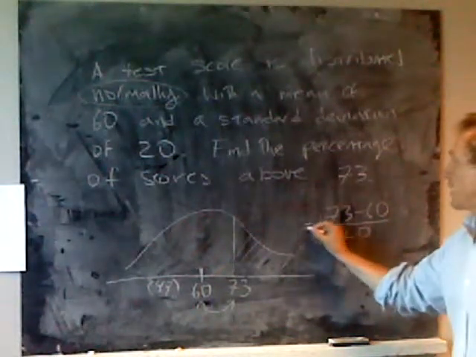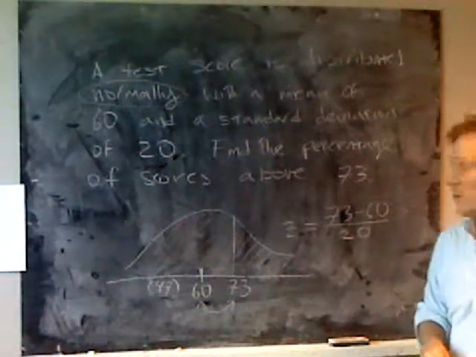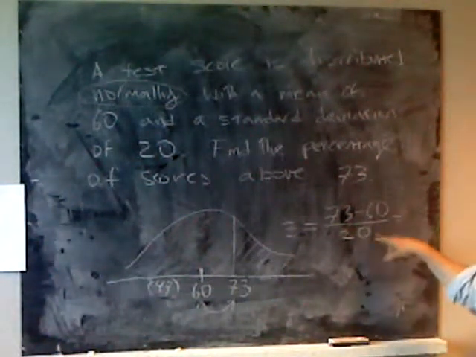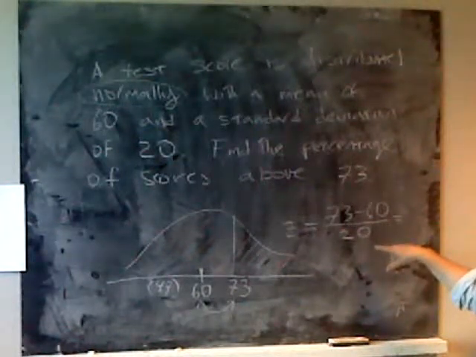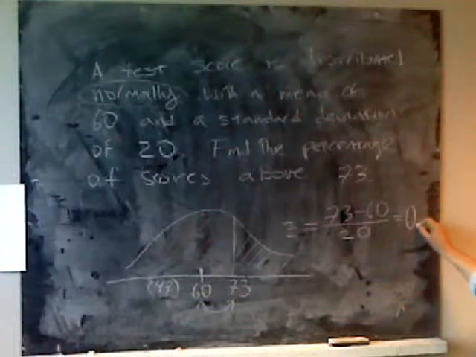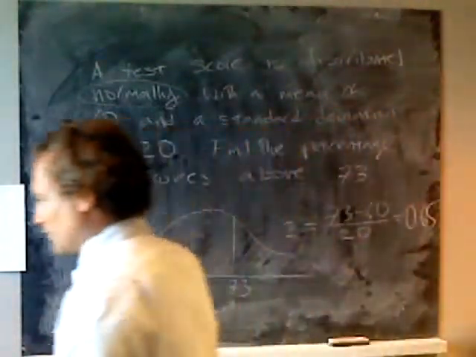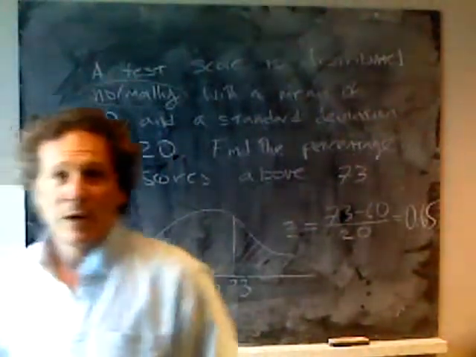That's a very important thing, and that gives us what I was referring to before as the z-score. So that's going to be 13 divided by 20, which is the same as 1.3 divided by 2, which is 0.65, which may sound familiar, and that's how I set up the problem. I set up the problem to use that same number we already looked up.